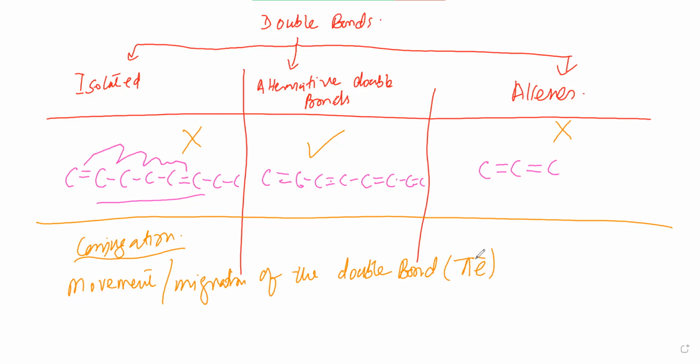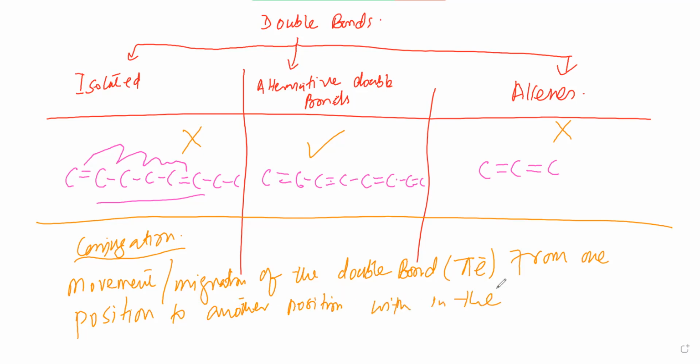Yes, sir. So the movement or migration of the pi electrons, meaning the pi bond, meaning the double bond, from one position to another position within the molecule, within the structure.